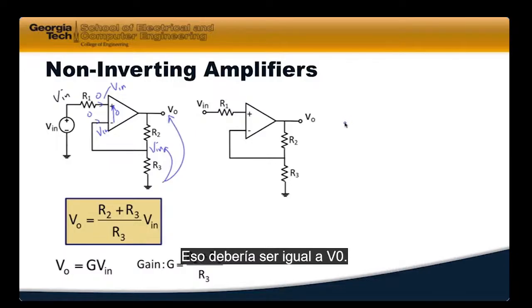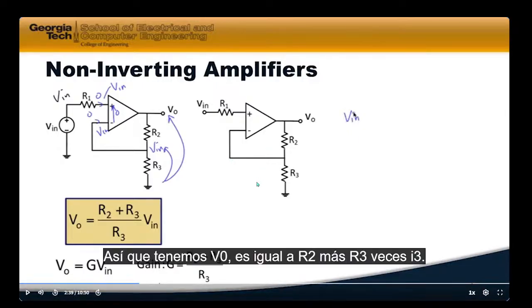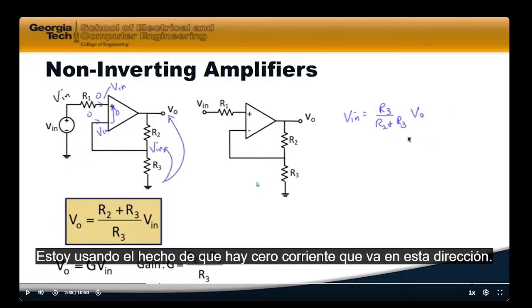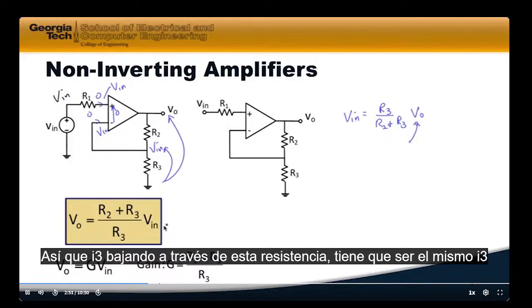So the voltage divider law with regard to Vin and Vout is simply that Vn is equal to R3 over R2 plus R3 times Vout. And if instead I solve for Vout, I get this expression right here.